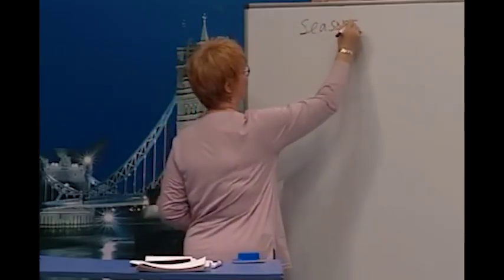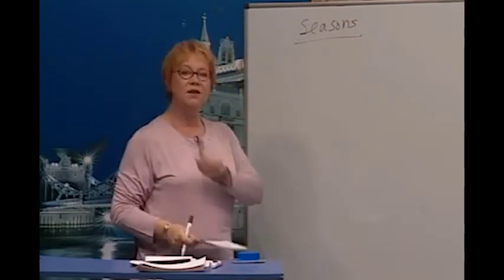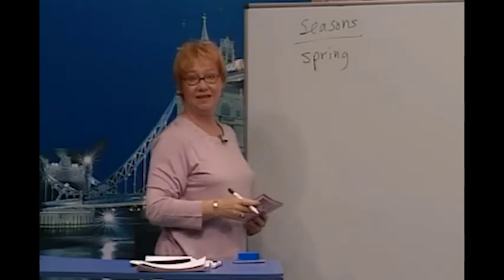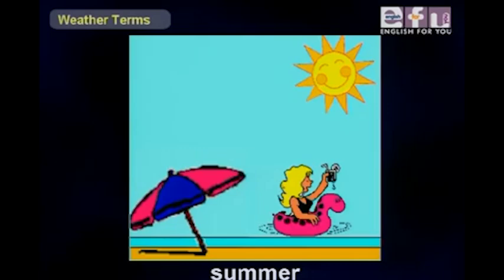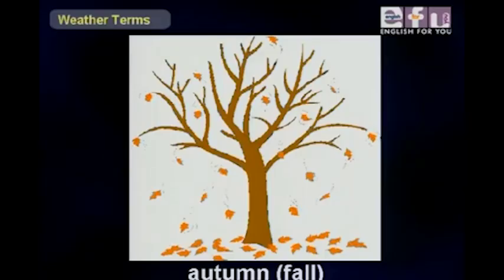Seasons. Now, there are 4 seasons. First one, spring. Spring, very nice. Second, we have summer. Summer, lovely time. Fall or autumn.